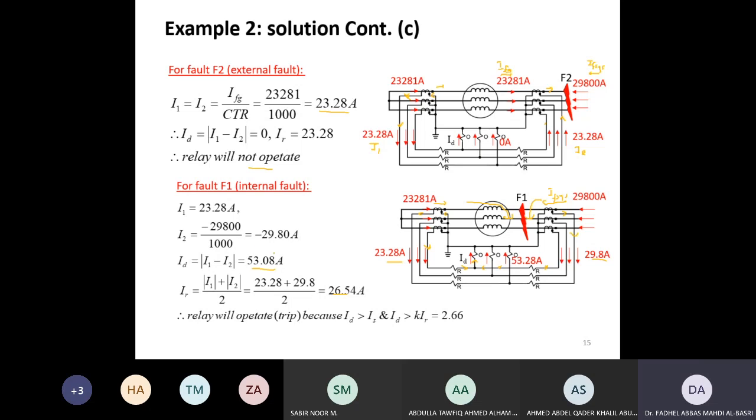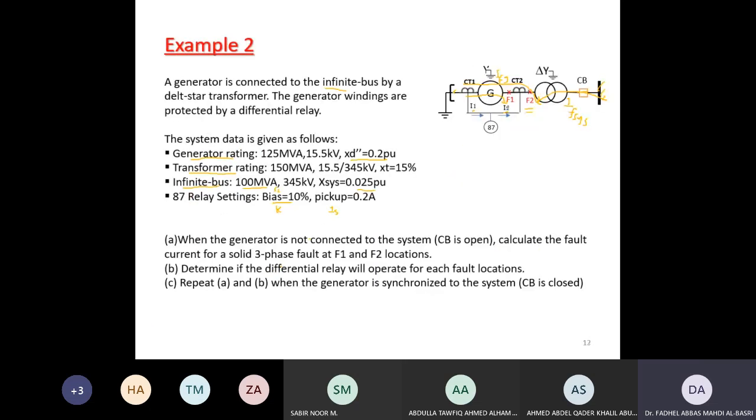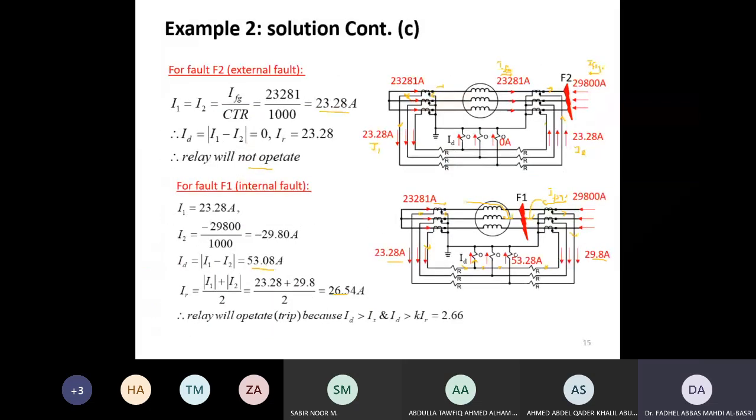Yes, ID is already greater than IS, which is 0.2. And ID is also greater than K times IR, where K is 10%, and IR of this 2.26 will be 2.66. So ID is also greater than this, so both conditions are satisfied, the relay will operate, and this is correct. So that's when we have only differential protection.